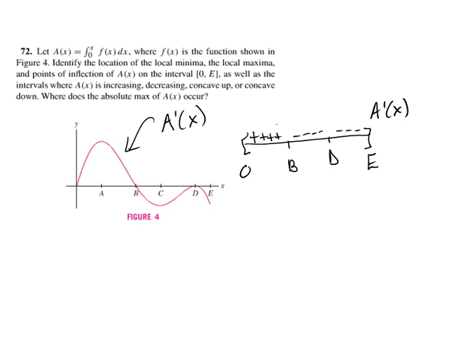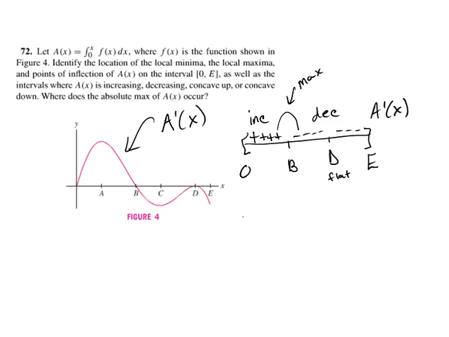So all we have here is an increasing, decreasing. We have a max at b, and it's probably flat at d on the actual graph.